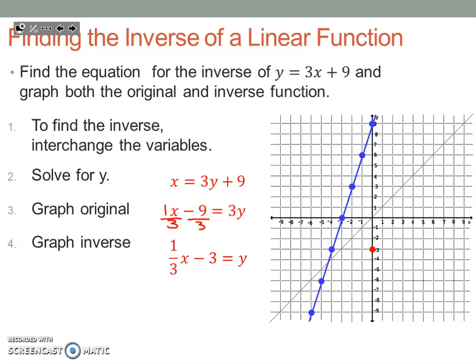So I could go up 1 to the right 3, or I could go down 1 to the left 3. So there's my up 1 to the right 3. Could also go down 1 to the left 3. That would work as well. And that is my inverse function. Again, this line right here is my y equals x. You guys can see that they are symmetric about that line. So again, key, switch our x and y's.